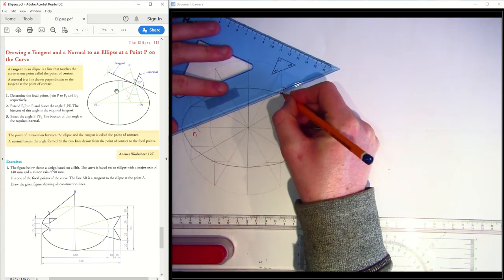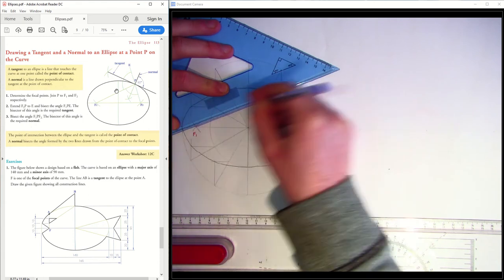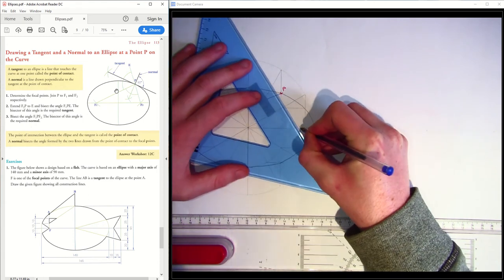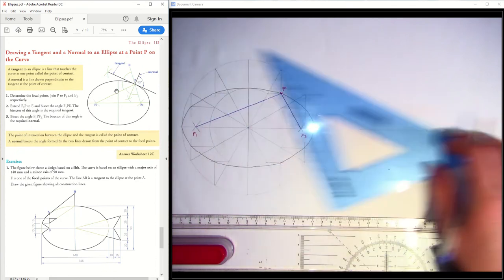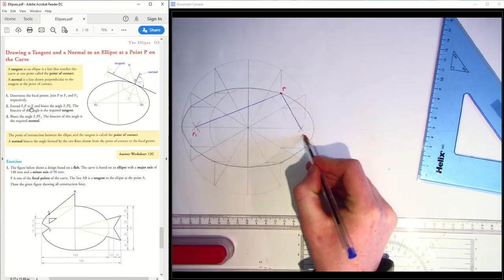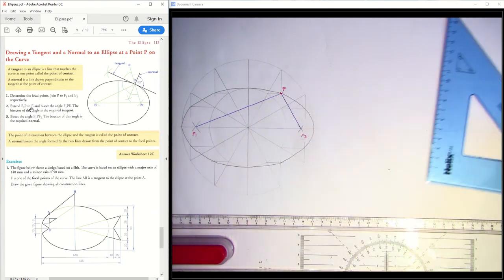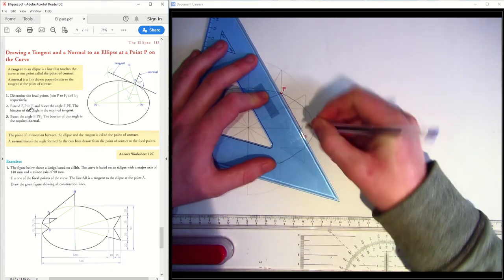Okay, so this is what we have now. The second part: extend F2P to E. So this is the line F2P. Extend it out to E. I just want to extend that line out.